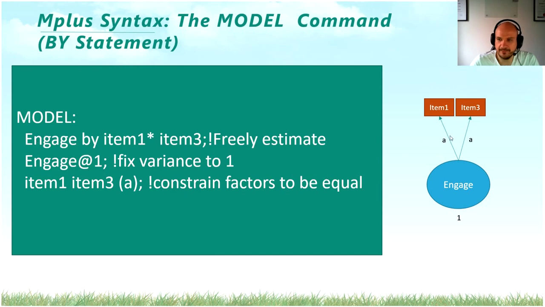Easy enough. And to constrain the 2 paths to be equal, you just say item 1 and 2 and they are called A. And the A doesn't matter, you can call it whatever you want. You can give it a label, you can give it a name, you can give it a number, doesn't matter. Okay, this will help you to run your model.